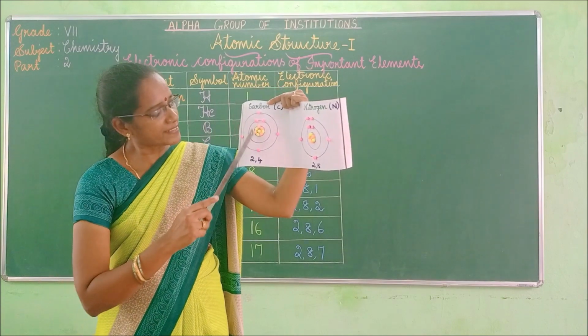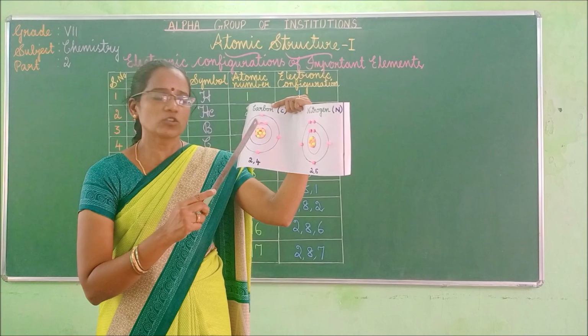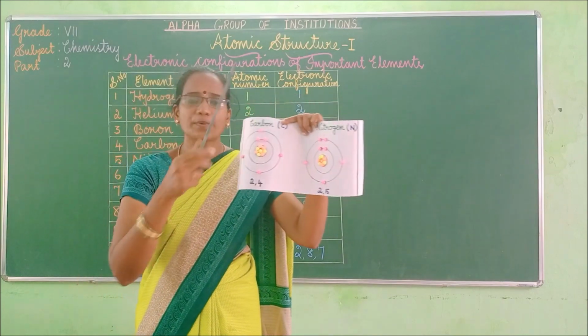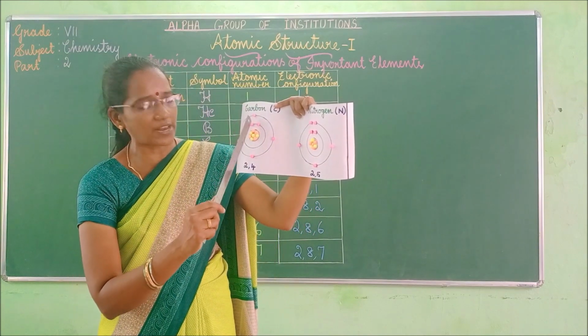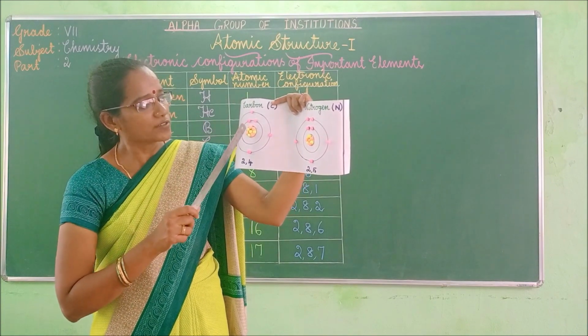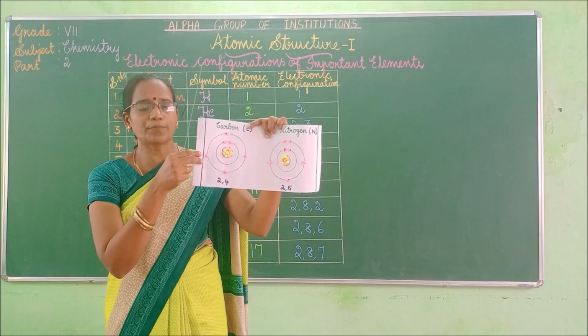This is the center part. The center part is nothing but the nucleus. So what is present in the nucleus? Protons and neutrons are present in the nucleus. This is the first shell or first orbit and this is the second orbit. Inside the nucleus, protons and neutrons are present.